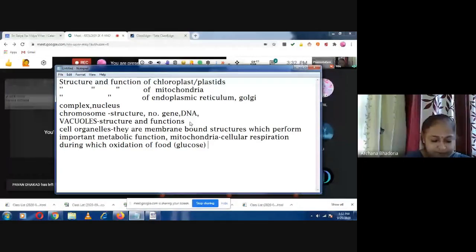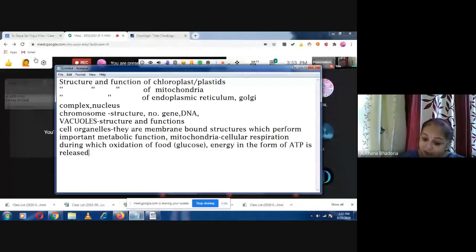We should keep in mind that energy is released, which is stored in the form of ATP.